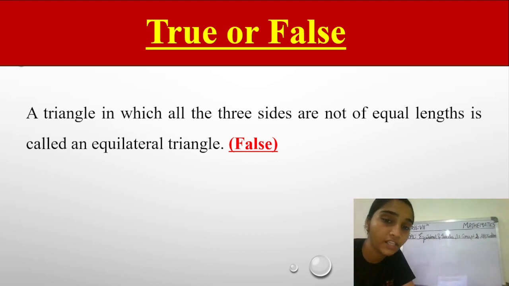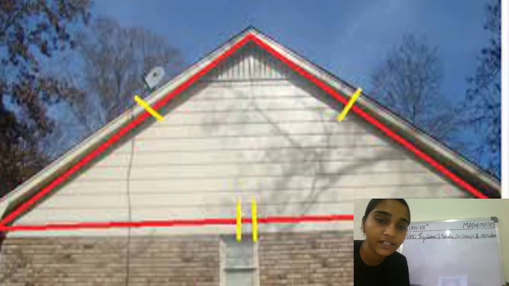They must be of equal measure. Then it is called an equilateral triangle. But what is written over here? It is written that a triangle in which all the three sides are not of equal length. So this is the error over here. That is why the statement is false. Very good, students. So now let's move ahead.